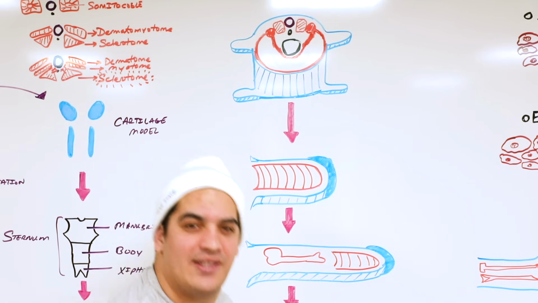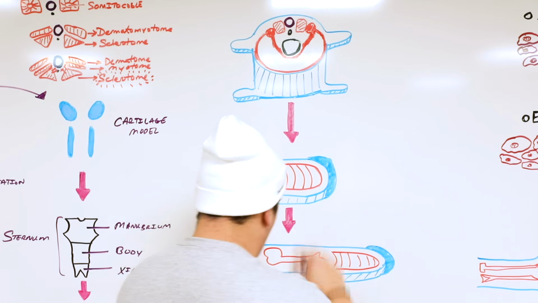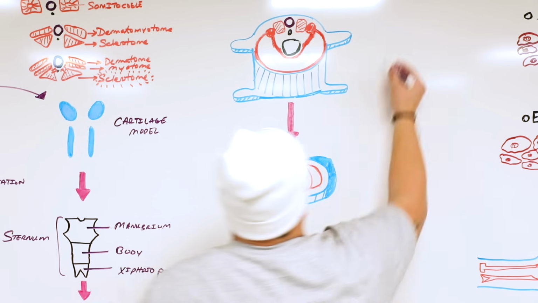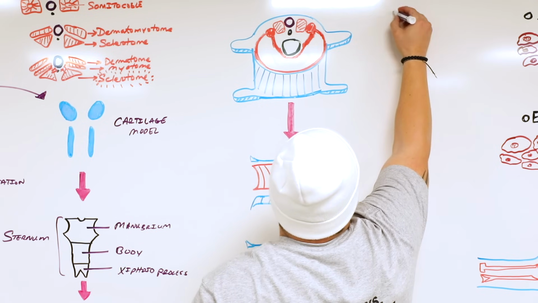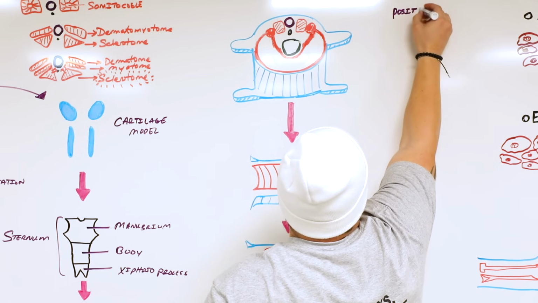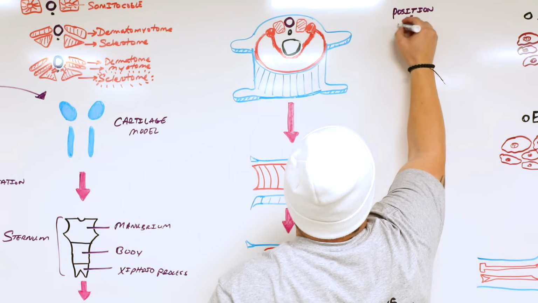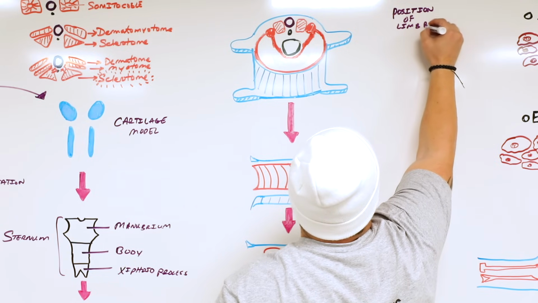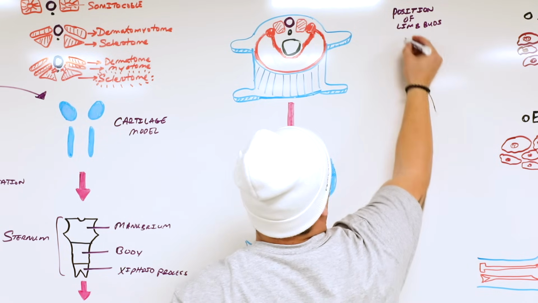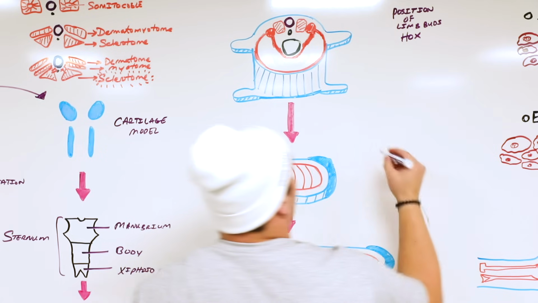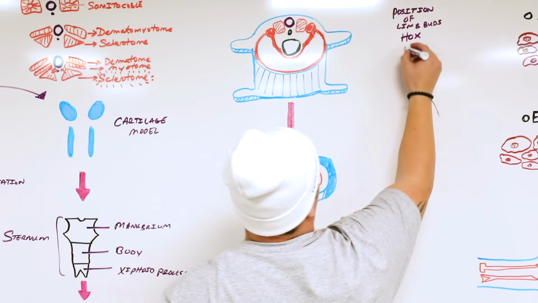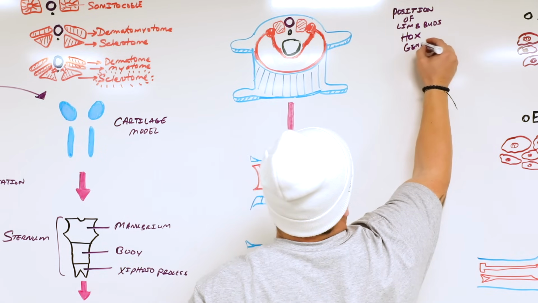What are these genes? It's very important that you know these genes. These genes lead to the starting of the position of the limb buds, getting this whole process initiated, and they are your Hox genes. So you have different types of Hox genes that are going to be activated.